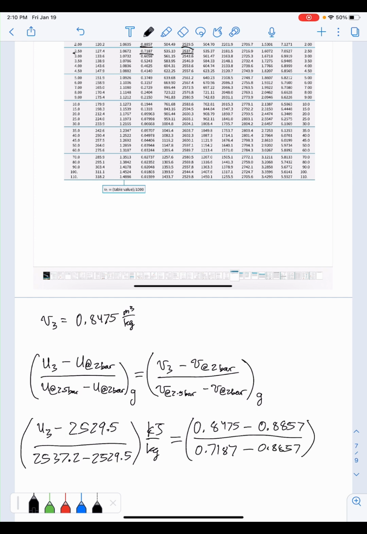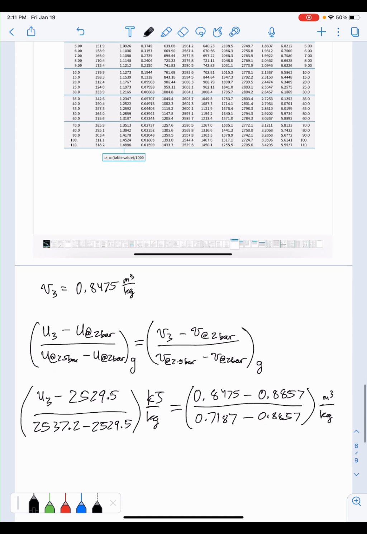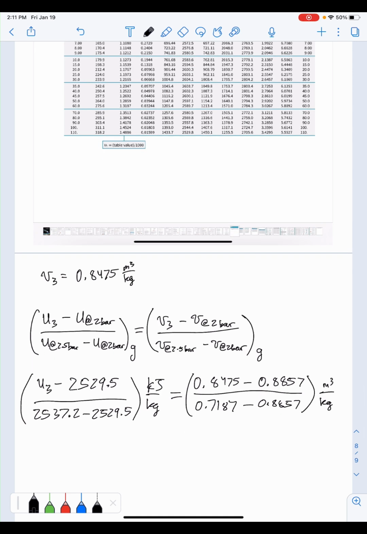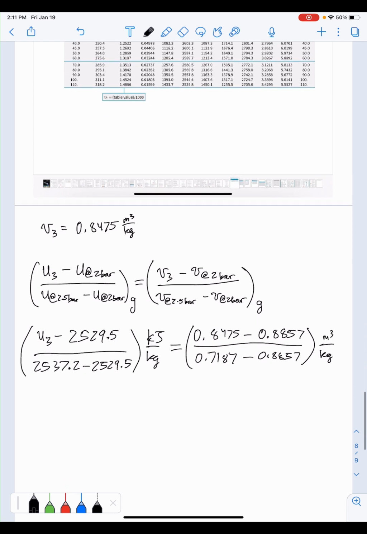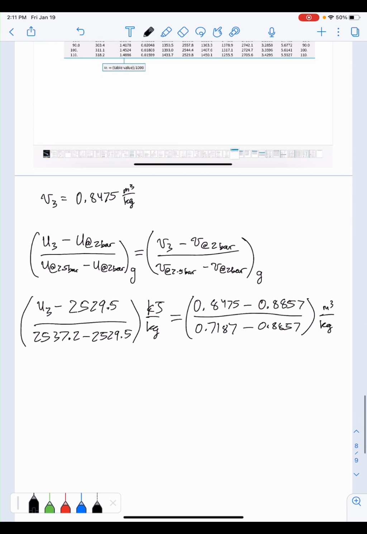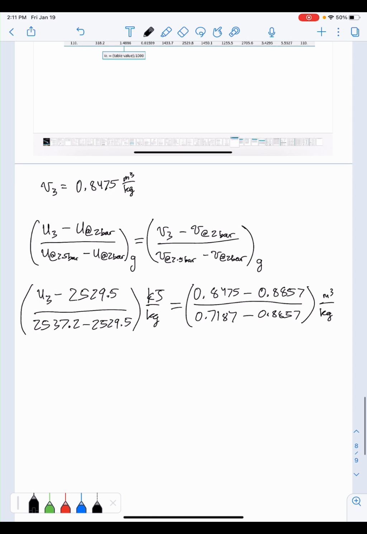So the idea is that we don't know the exact value of internal energy because it's not given by the table. The table's values are basically consistent and true. And so we have to do something called interpolation. We're interpolating to get the value in between using this kind of slope method. Okay, anyways, we can then solve for U3.